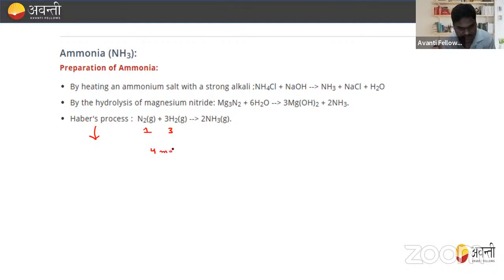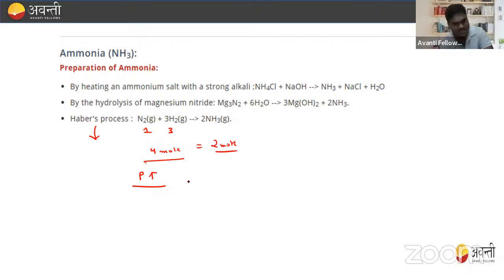And here we have 2 moles of gas. So on the product side we have fewer moles of gas, and on the reactant side more. So if you increase the pressure, according to Le Chatelier's principle, the equilibrium shifts in the direction where there is less pressure. Less pressure is on the product side, so this reaction proceeds to the product side.